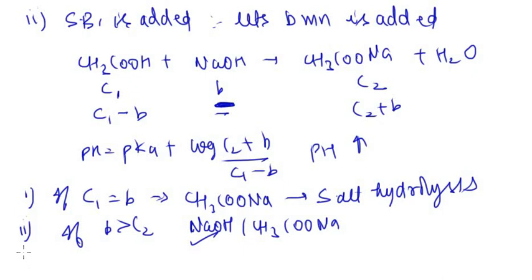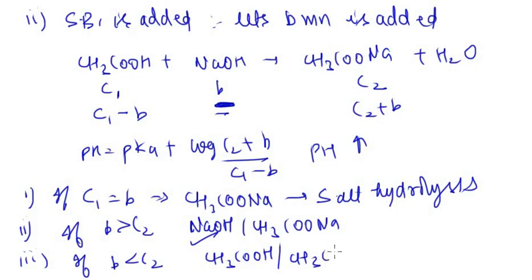Now in the third part, if B is less than C1, so now we have acetic acid and CH3COONa. So that will be an acidic buffer.